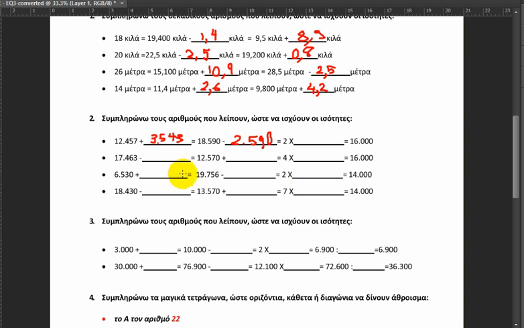Again, we'll get to the multiplications later. The difference between this and this is 1,463. Whereas the difference between 16,000 and 12,570 is 3,430.